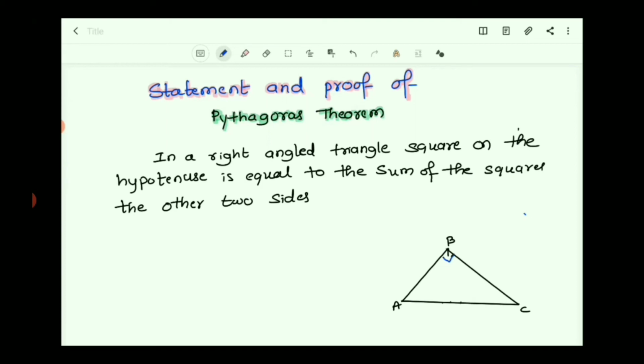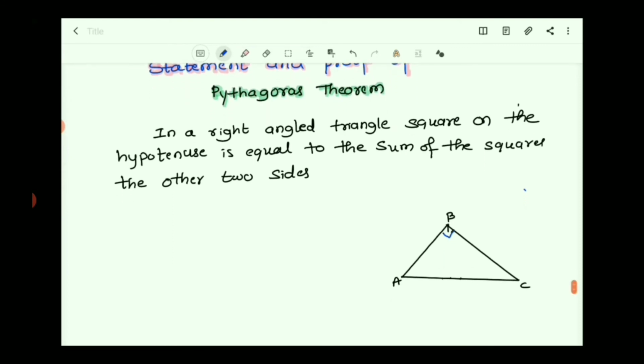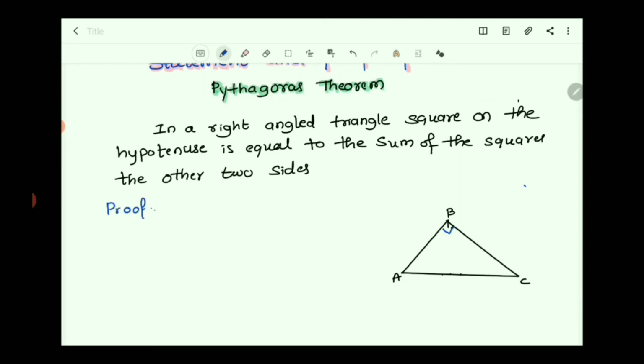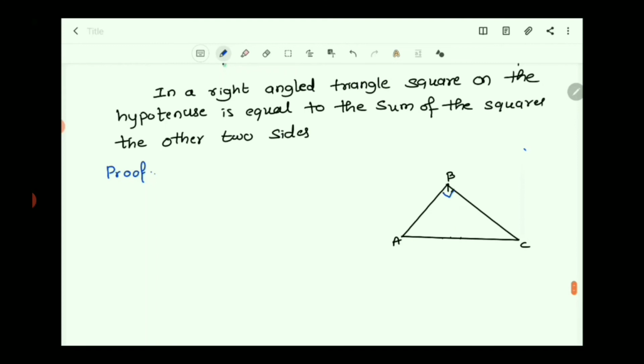We are given a right triangle ABC, right angled at B.